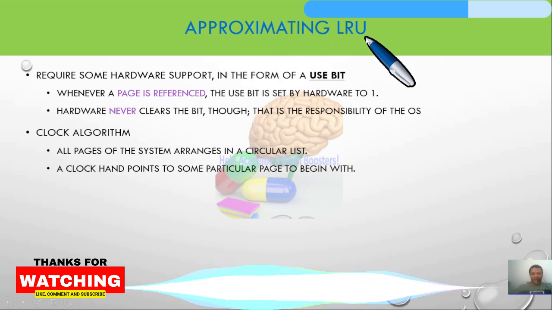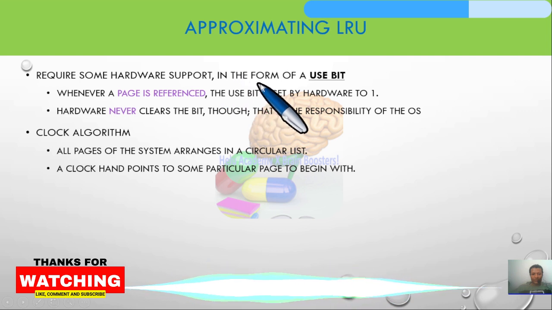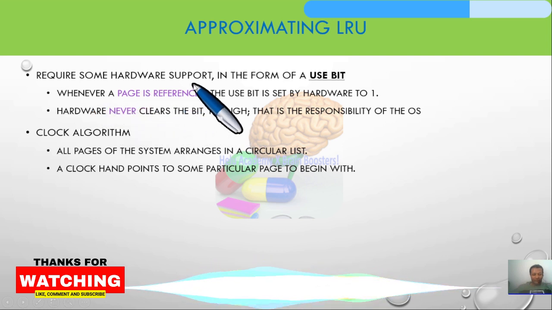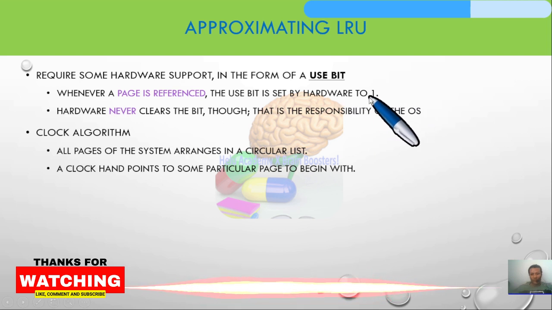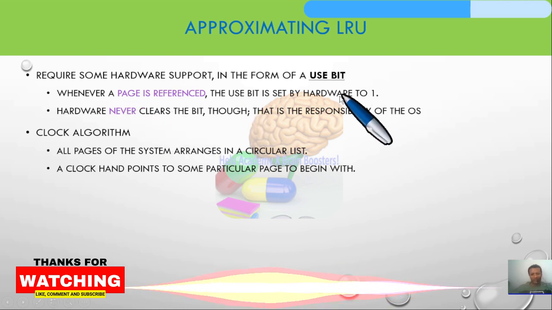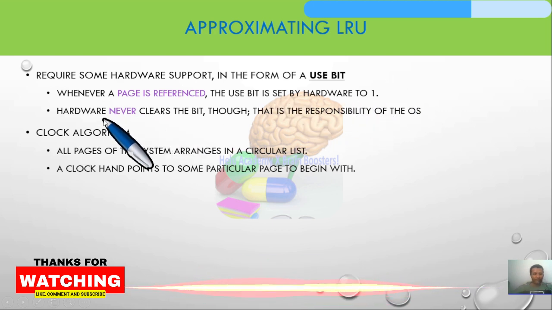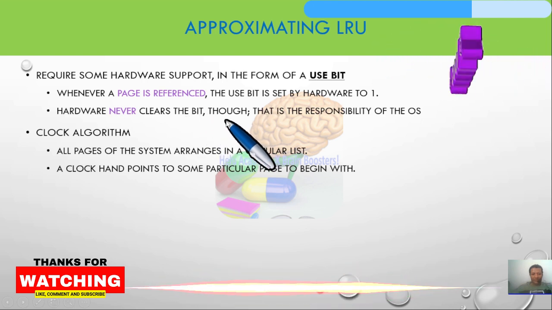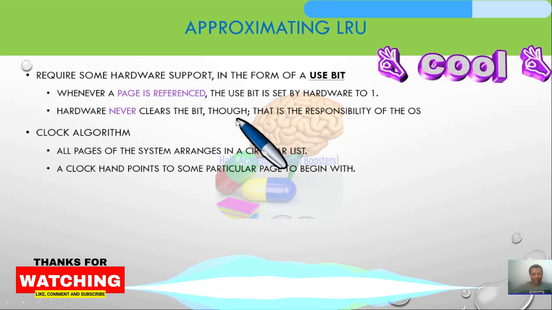Approximating LRU requires some hardware support in the form of a use bit. Whenever a page is referenced, the use bit is set by hardware to 1. The hardware never clears the bit, so that is the responsibility of the operating system.